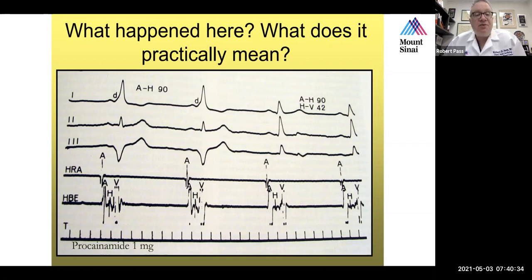So very different than when we give procainamide to bring out Brugada syndrome. But in this case, the goal was to see if you could block the accessory pathway. And if you could, that was good indirect evidence that on procainamide, the patient was protected from the possibility of sudden cardiac death. So this would be considered a good finding.